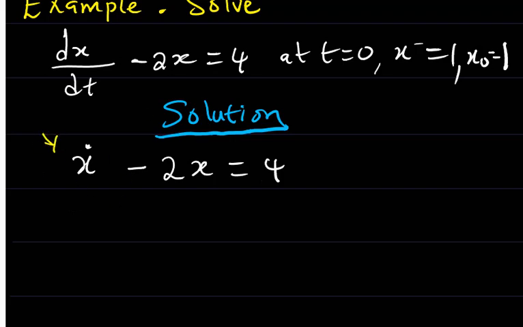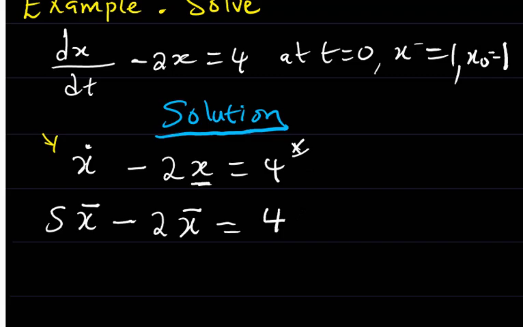The Laplace transform of x dot, you know what it is, that's going to be s x bar minus x 0. Then to convert 2x, we have 2 x bar. Now to convert 4 into its Laplace transform, don't forget the Laplace transform of a constant is 4 all over s.